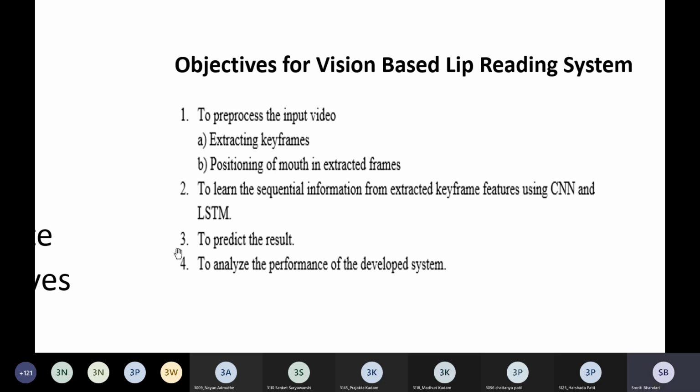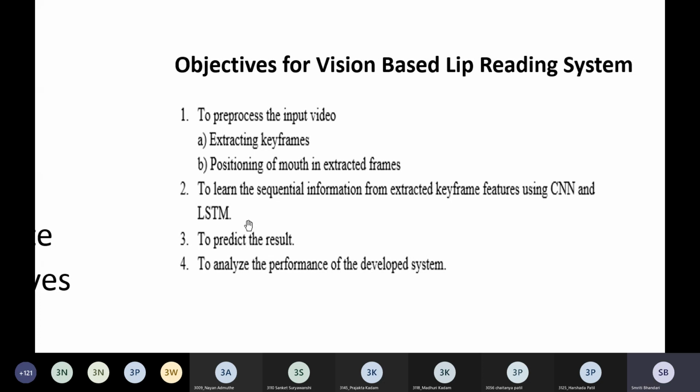This system is being developed for predicting whatever the person is speaking, by reading the lip movements, right? So whatever is the prediction would be the result of our system. Whatever is the algorithm, now we are going to test it here. So we are predicting the result of the algorithm.